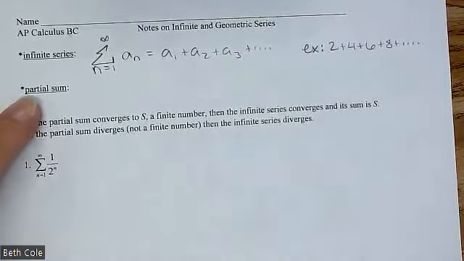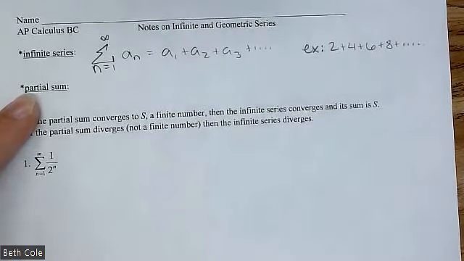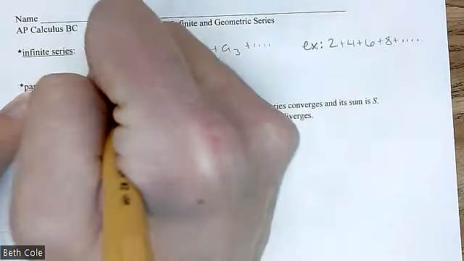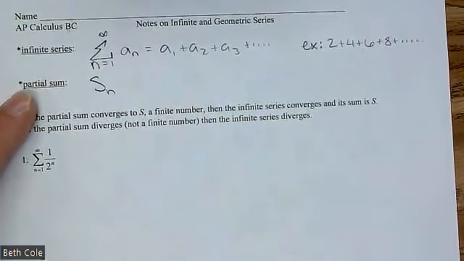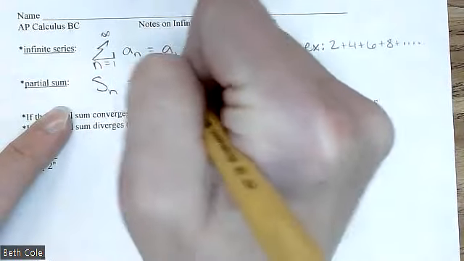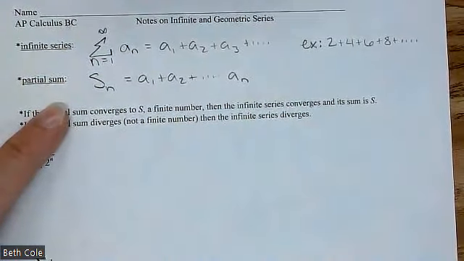A partial sum means instead of adding up infinitely, you're going to cap it somewhere. Does that make sense? Instead of going to infinity, we're only going to add the first 10 terms or something like that. It's capital S sub n. It means you're going to add up the first n terms. So you would have a1 plus a2 plus however far you want to go until you get to the nth one.